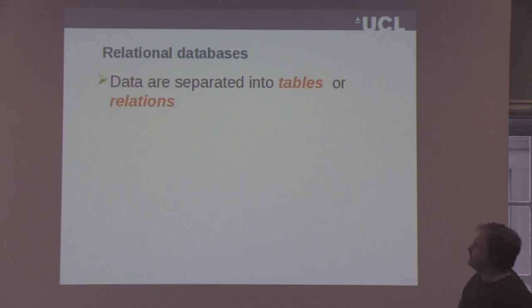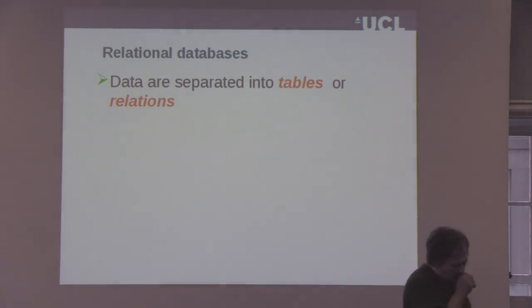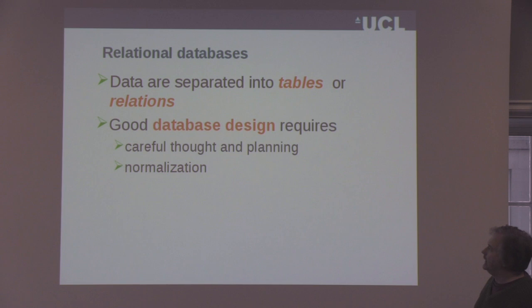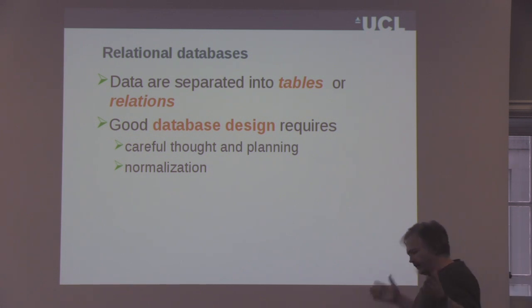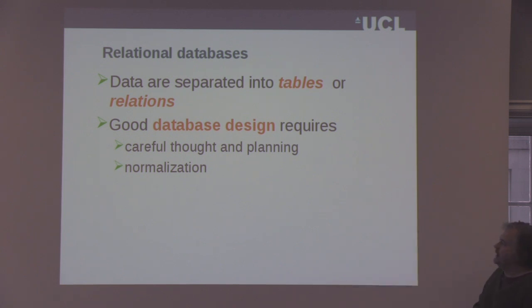So the idea in a relational database is that you structure your data into tables. These are also known as relations. I'm not going to go into a huge amount of detail about this, but basically the way that you take a data set and divide it into tables is quite a complex process in order to do it optimally.